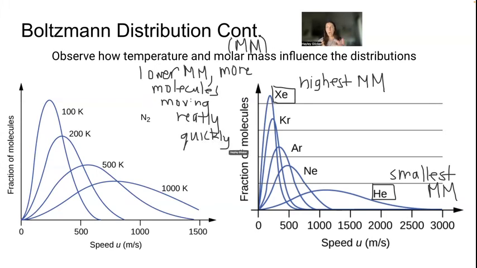As opposed to xenon, which has the highest molar mass, where we have fewer molecules moving really fast, but a larger fraction of molecules moving at our most probable speed.